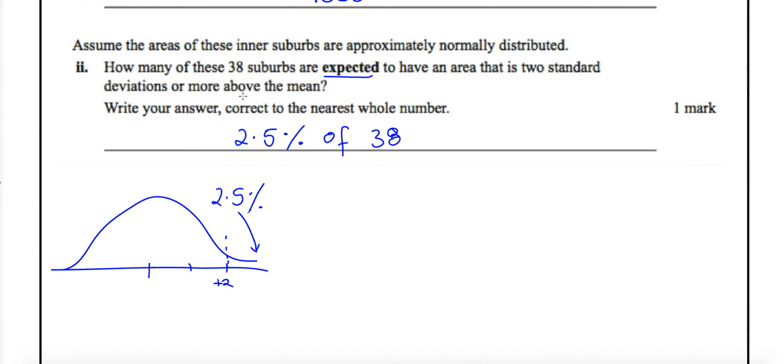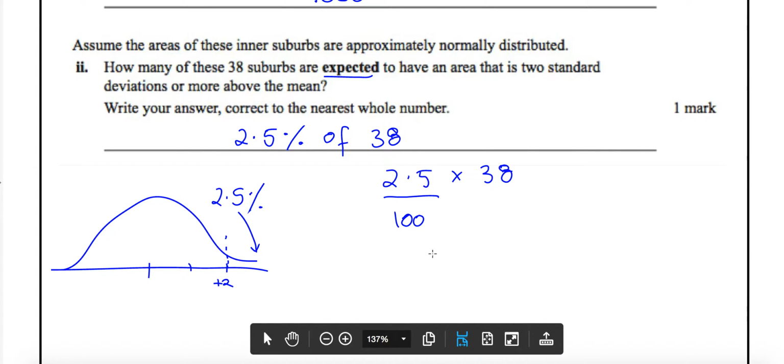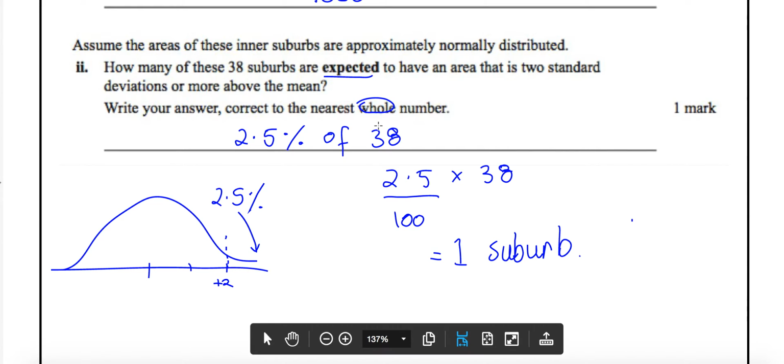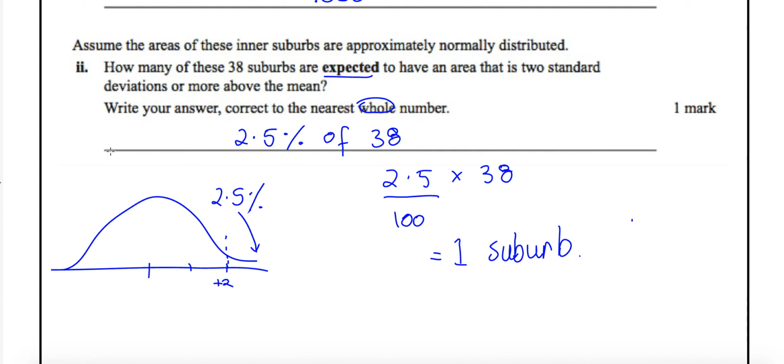Now it says how many. It doesn't say what percentage, how many of them. So what we're going to do then is calculate 2.5% of 38, and we are going to have to round that. And what you should find, because it says here whole number, is that we have 1 suburb. Expect that 1 suburb will have an area 2 standard deviations or more above that mean.